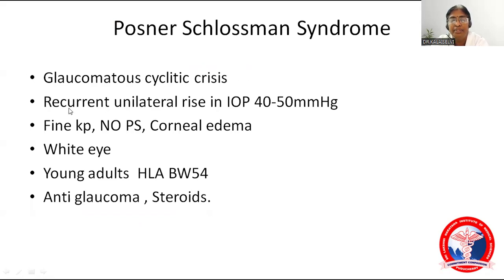This is a recurrent unilateral rise in intraocular pressure, 40 to 50 mmHg, seen in the eye, and it often recurs. There are fine keratic precipitates, there are no posterior synechiae, and corneal edema is also seen, with a relatively white eye. Young adults are affected, and they have an HLA presentation of BW. They are treated with anti-glaucoma medication and steroids for control of the uveitis.